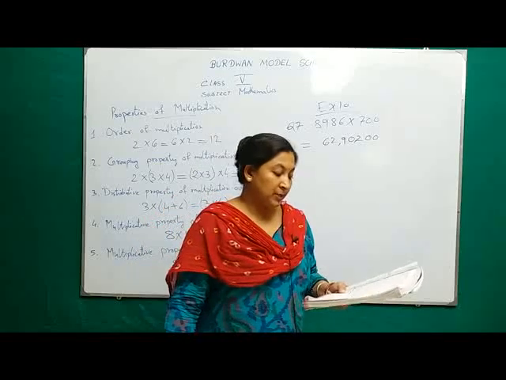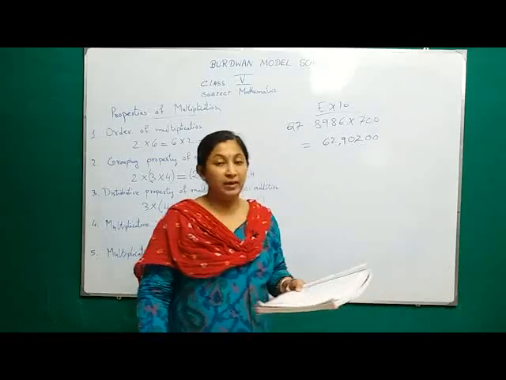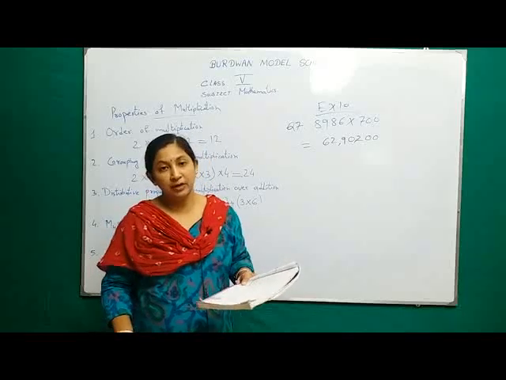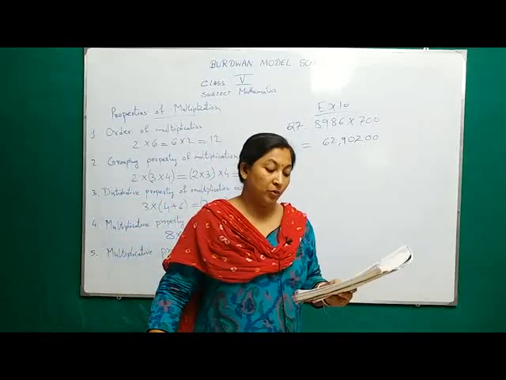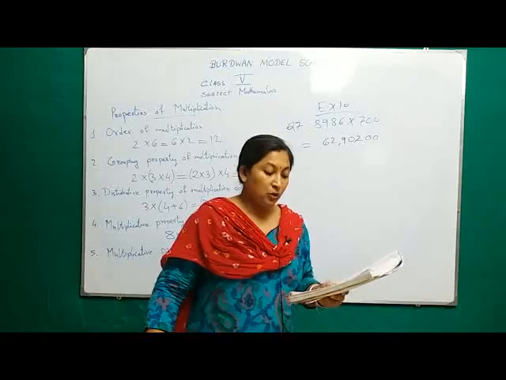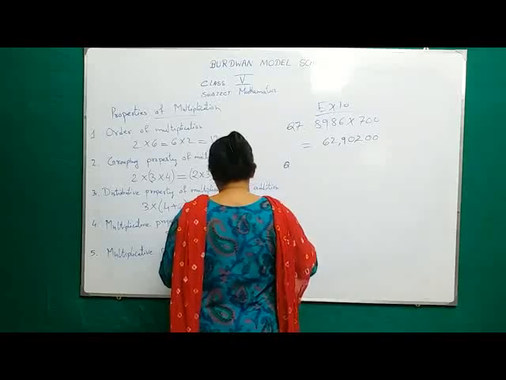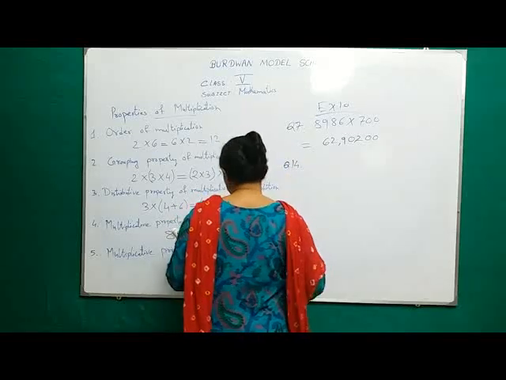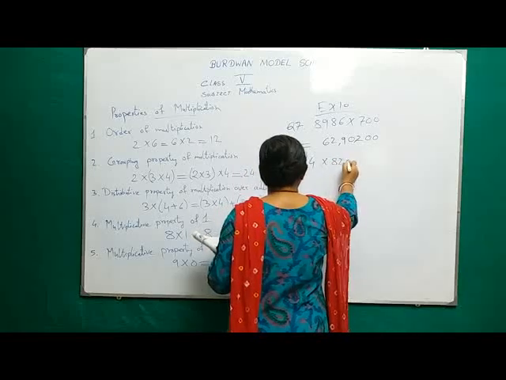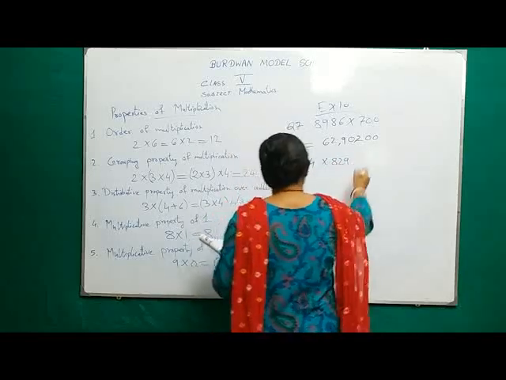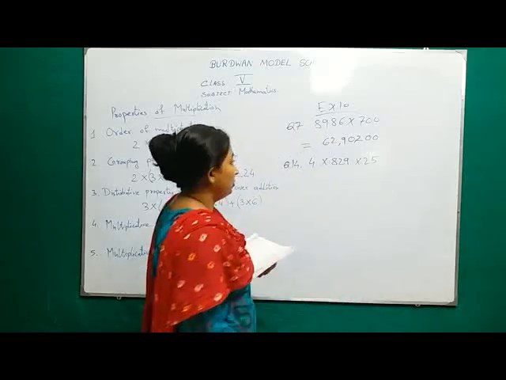Here the question is, by using suitable grouping find the following products. It means you have to first make the groups so that the multiplication will be easy. It is given 4 into 829 into 25, that is number 14. Now how will you make the groups?